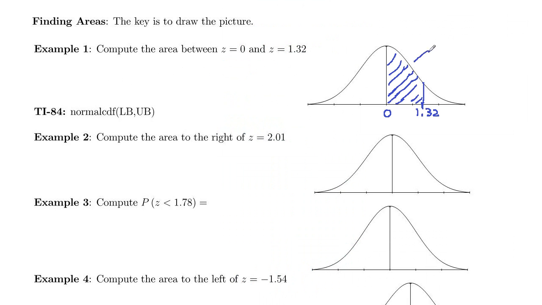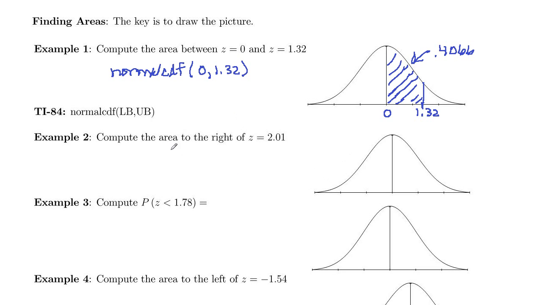So this is 0.4066. And what we did there was we did normal CDF, and then it was 0 to 1.32. So what we're doing is normal CDF, lower bound and upper bound.